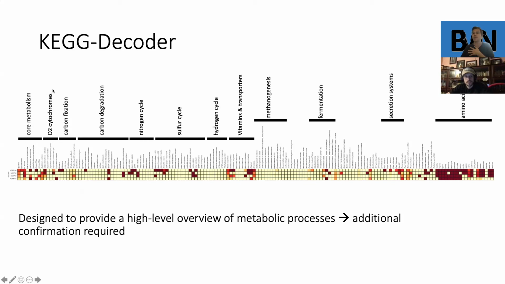This is oxygen cytochromes here, carbon fixation, and all the pathways that we have assessments for carbon fixation. Some carbon degradation, a lot of these are just single presence absence values. Nitrogen cycle, sulfur cycle, hydrogen cycle, so the oxidation or reduction of hydrogen. Vitamins and transporters, not all vitamins, just a subset of vitamins.